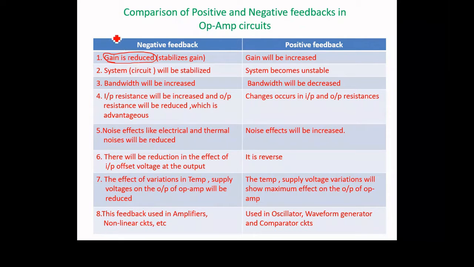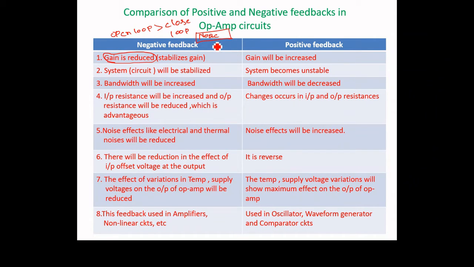When compared to open loop, the closed loop gain is low, or the open loop gain is very high when compared to the closed loop gain. So what is the advantage if gain is reduced?